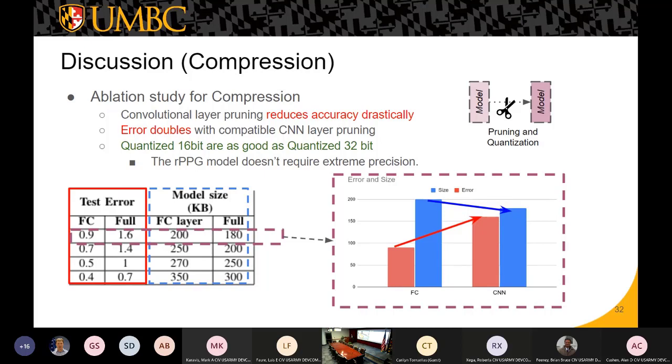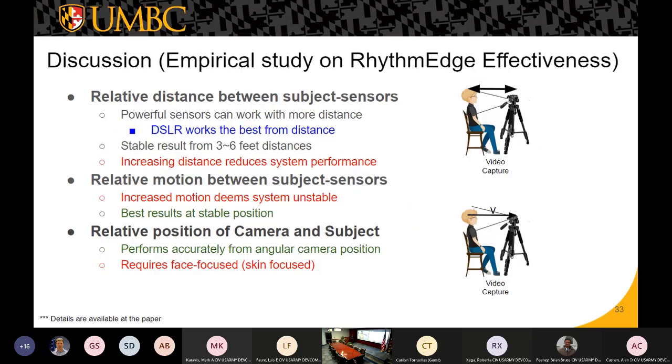The gain is low. We are compressing very little, but accuracy is dropping significantly. So we did not pursue that, but there is a research line that works on CNN compression. Maybe that can be future work: how can we compress our models further.